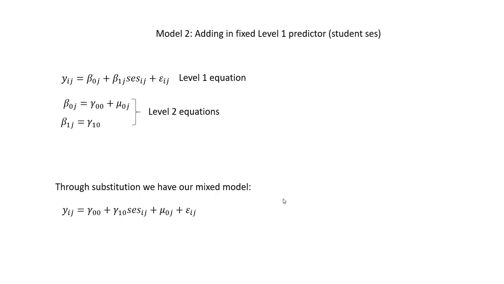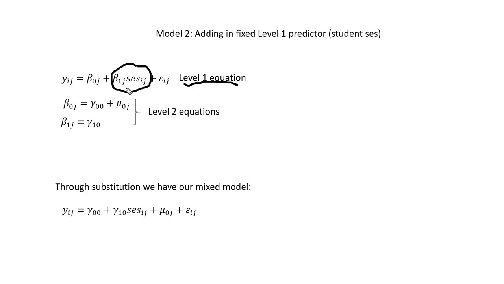So given our evidence of the clustering, we're going to stick with our multi-level regression model, and now we're going to add in a fixed level 1 predictor. Going back to our equations, in our level 1 equation, you can see we've added in beta 1j multiplied by SES ij.